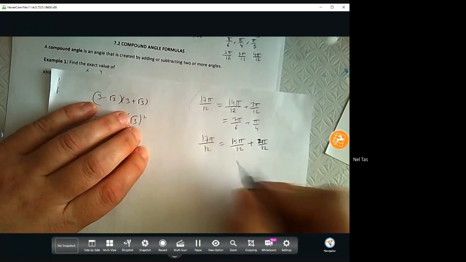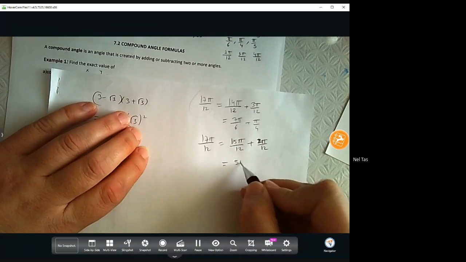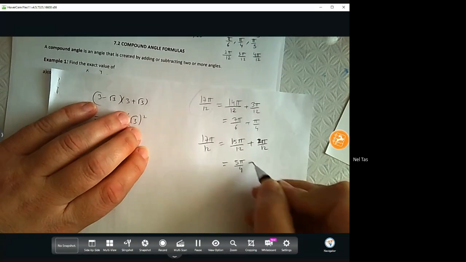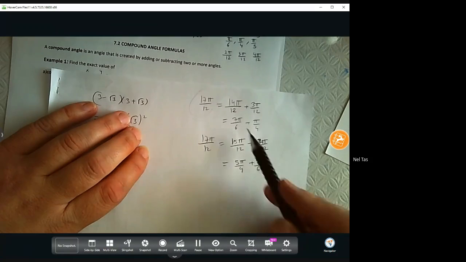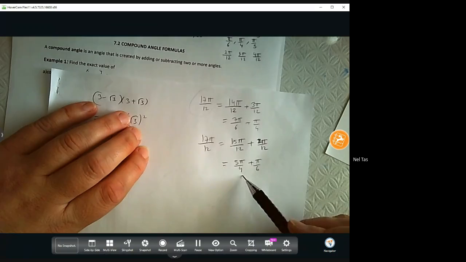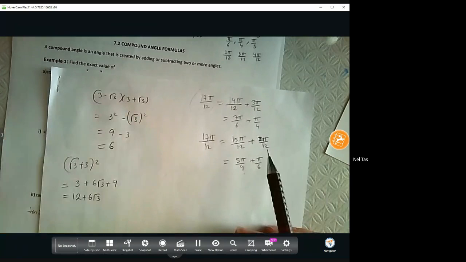So 15 pi over 12, if you divide both of them by 3, is 5 pi over 4, and this one is pi over 6. So you can combine this way or that way. Okay, but usually it is harder to work with bigger angles. What can we do?